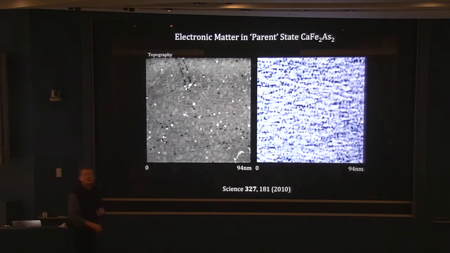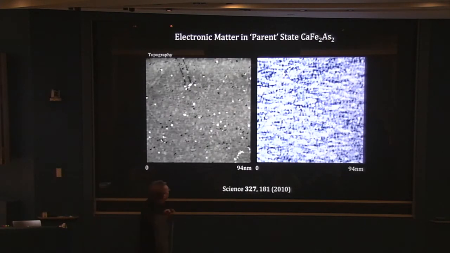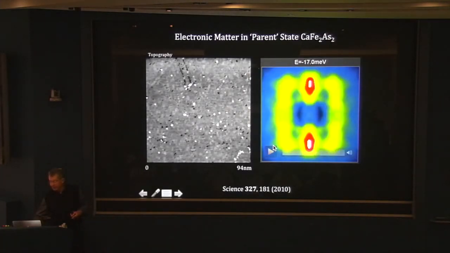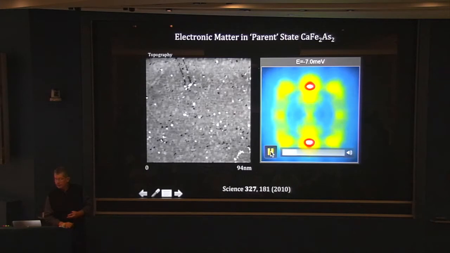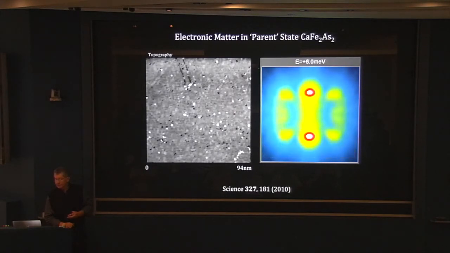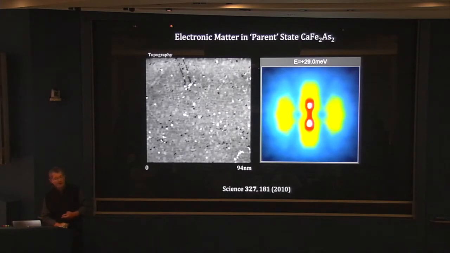My graduate student at the time, Milan Allen, was sure that his thesis was doomed when he saw this movie. However, if you take the Fourier transform, it's only got two wave vectors, and they evolve smoothly only in one direction. Okay? The crystal symmetry is four-fold, but the direction that the waves are evolving is only in one direction.